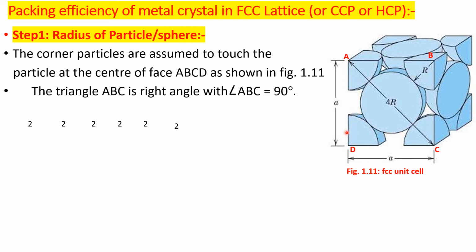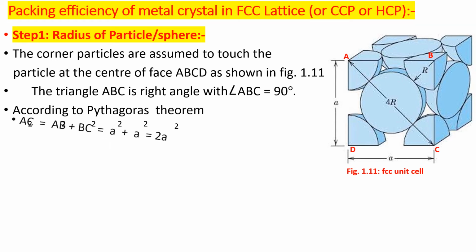The triangle ABC is a right angle, with the angle between them equal to 90 degrees. Here also you calculate according to the Pythagoras theorem.